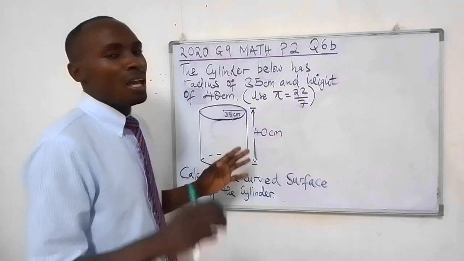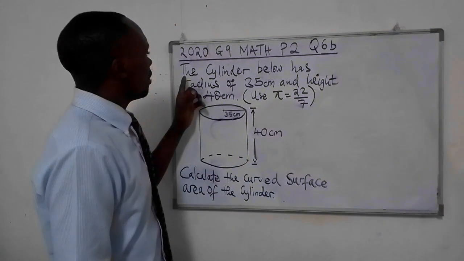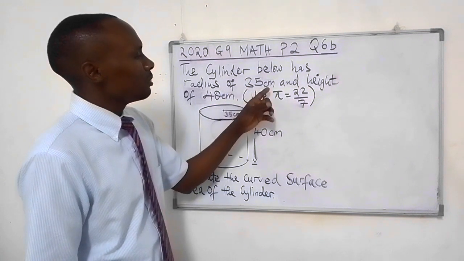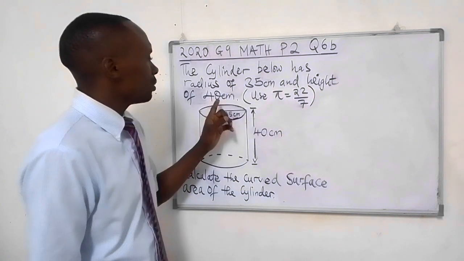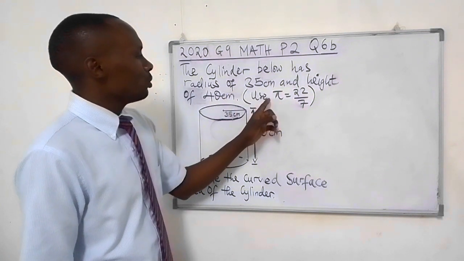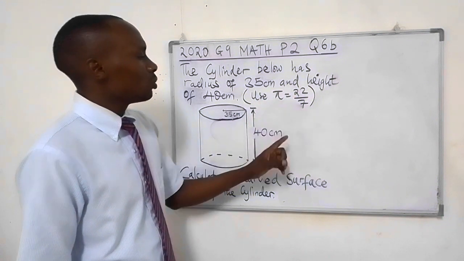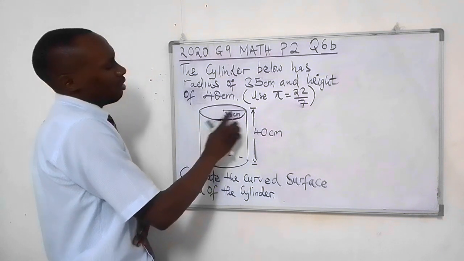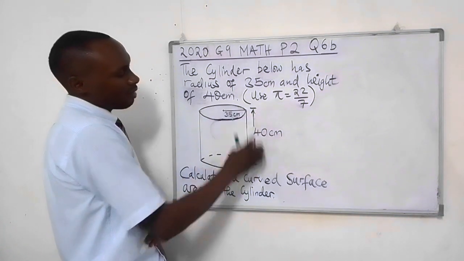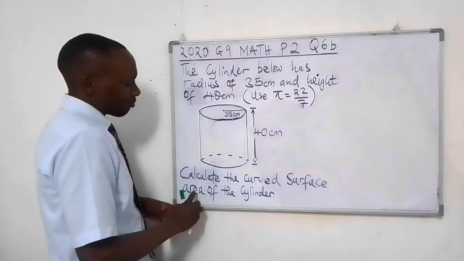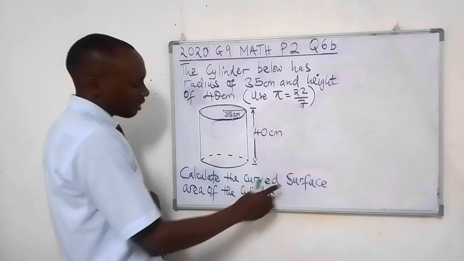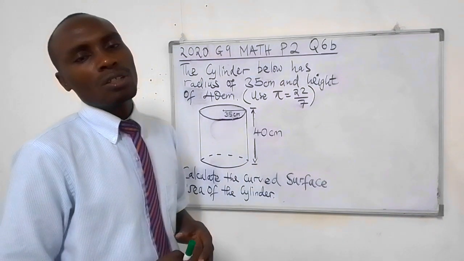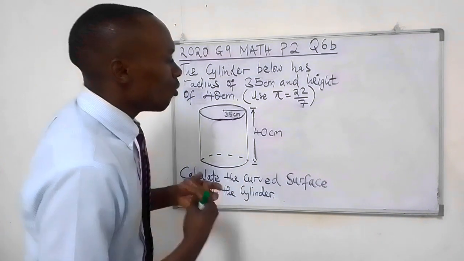The cylinder below has a radius of 35 centimeters and a height of 40 centimeters. Use pi equal to 22/7. So this is our cylinder with radius 35 centimeters and height 40 centimeters. Calculate the curved surface area of the cylinder.